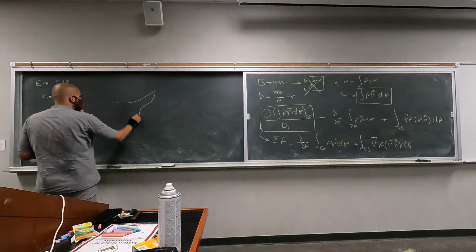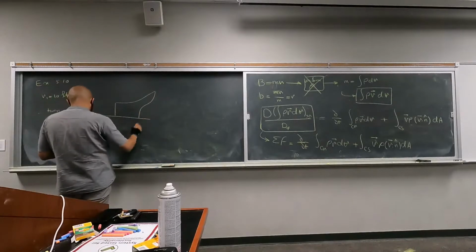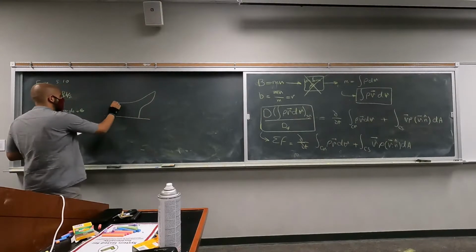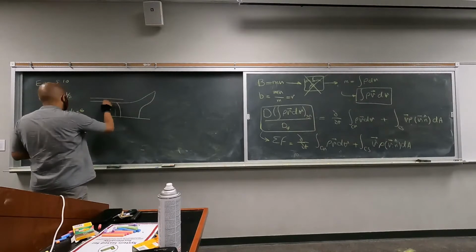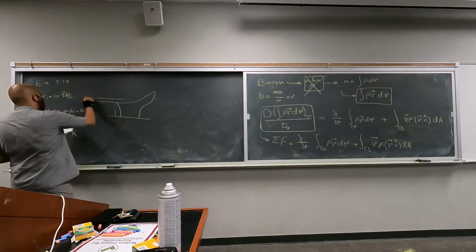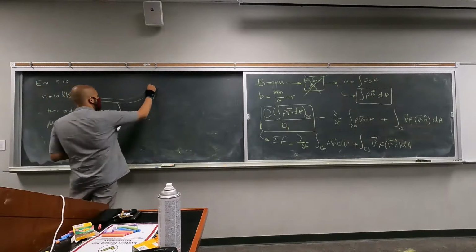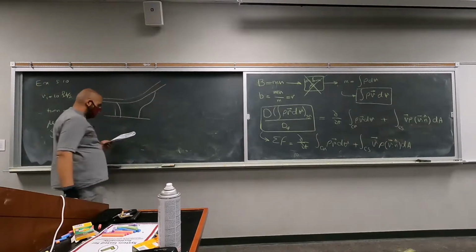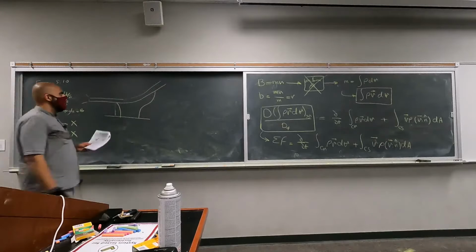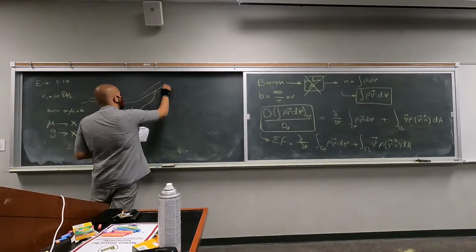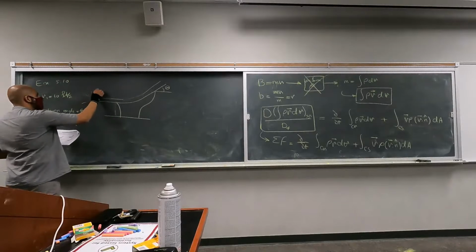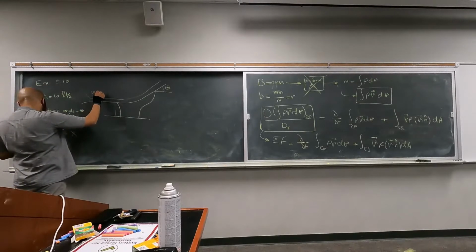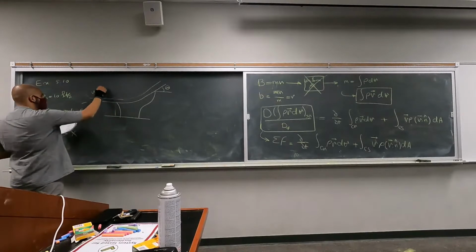Let's actually draw the figure. This is your vane. Flow is coming in like this from a nozzle, and then it's changing direction. The turn angle is theta. V1 is equal to 10 feet per second.